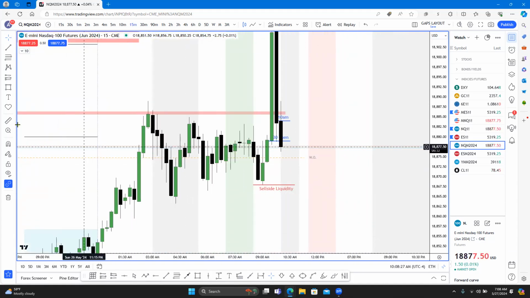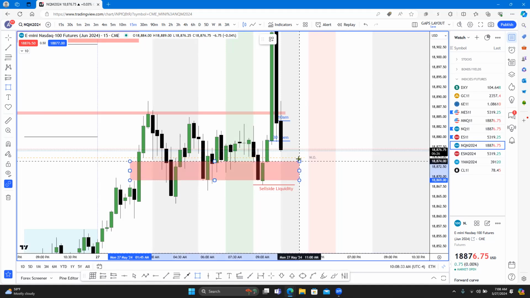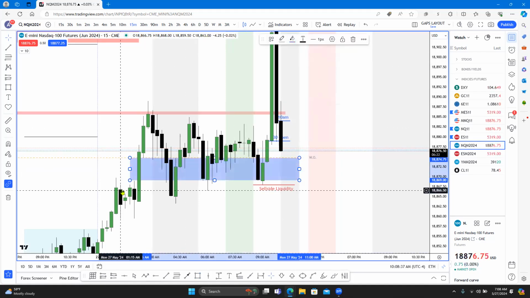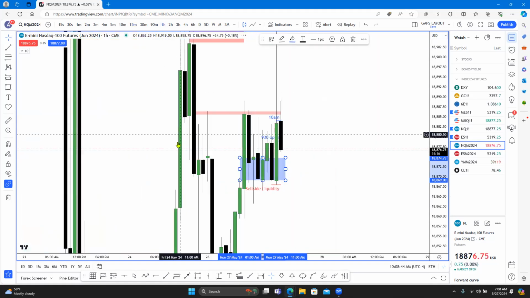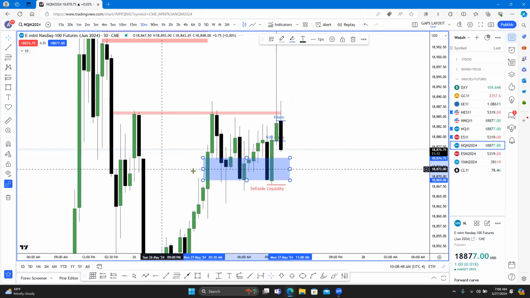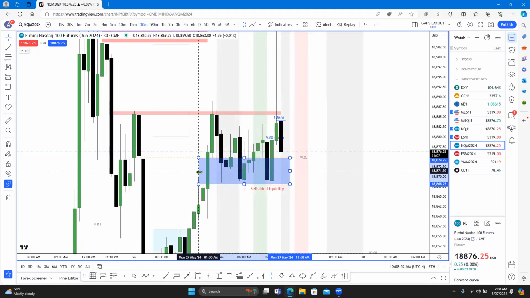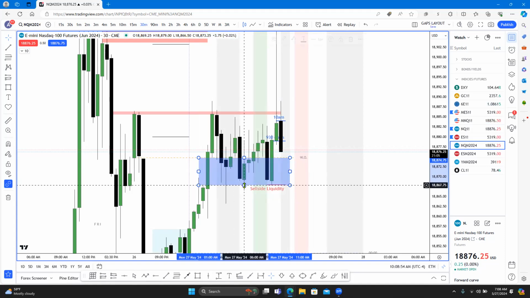So we look, no 15 in here. We have this one. 15-minute bullish gap kind of tapped into these lows in here. Look on the 1 hour, 30-minute. So 30-minute gap in here.